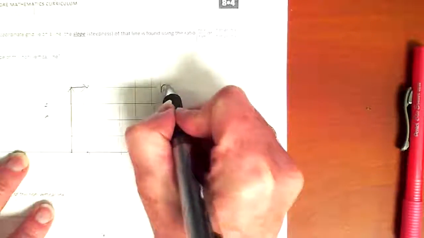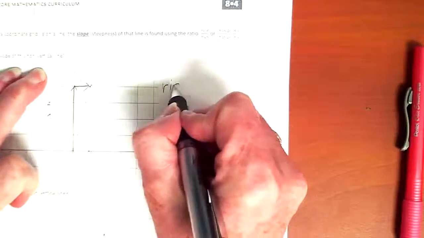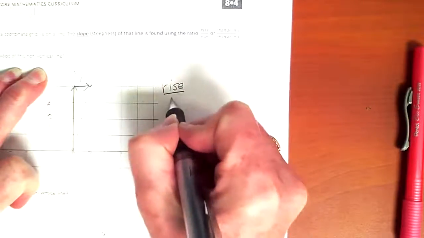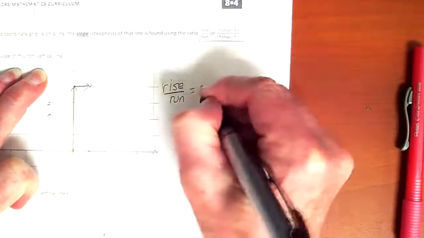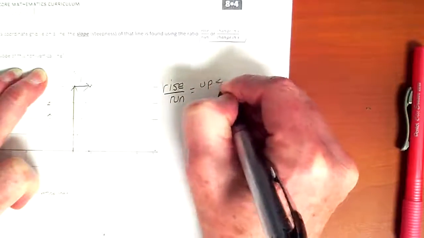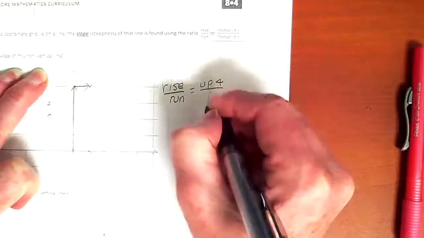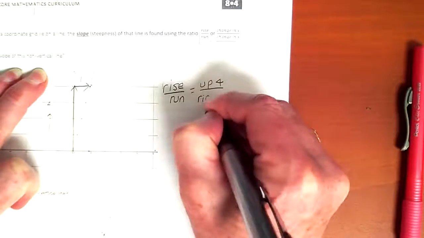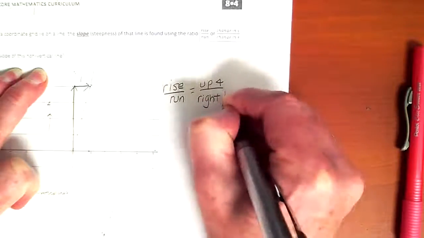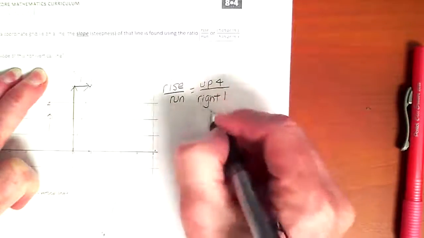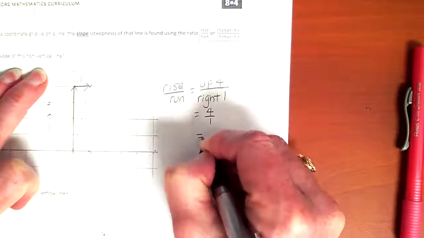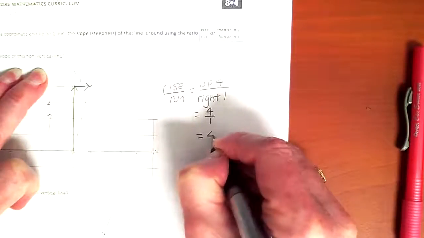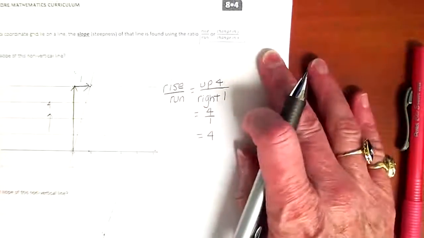So our rise over our run equals up 4, right 1, which equals 4 over 1, which equals 4. Okay?